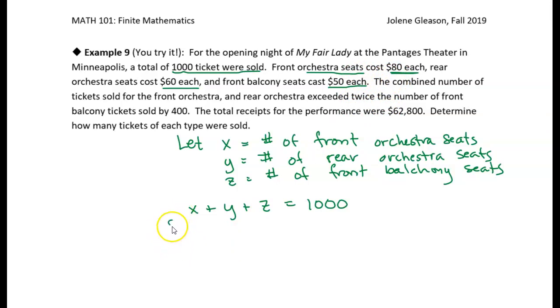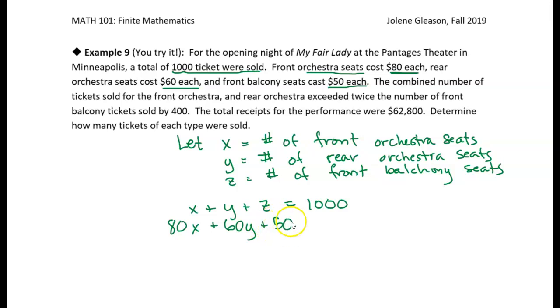So if I take 80 times X, right, 80 times the number of front orchestra seats that were sold, I'll get the revenue coming from the front orchestra seats. And then the rear orchestra seats cost $60 each. So if I take 60 times Y, that'll tell me how much money is going to come in from the rear orchestra seats. And then the front balcony seats are $50 each.